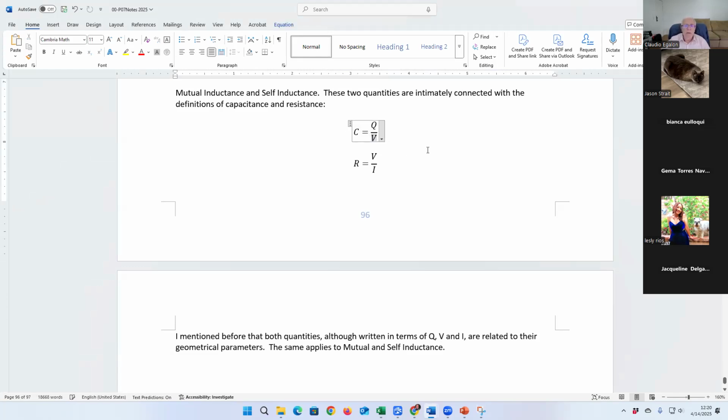Let's put Q over V instead of Q over delta V. These two definitions are derived from Faraday's law.